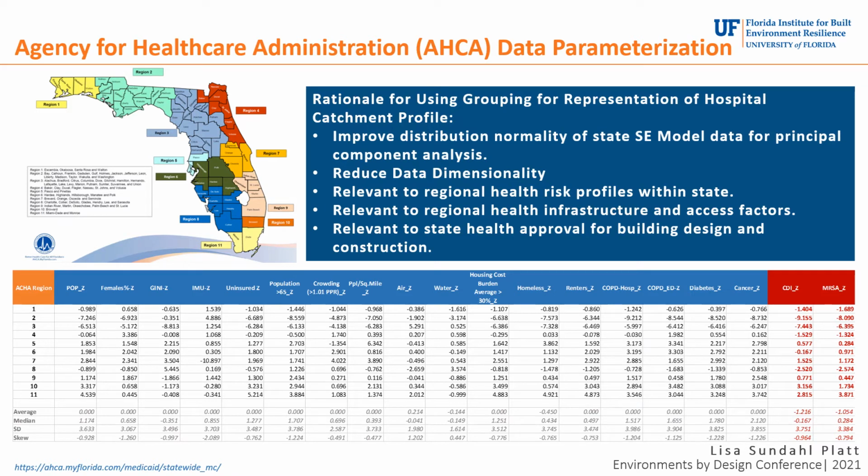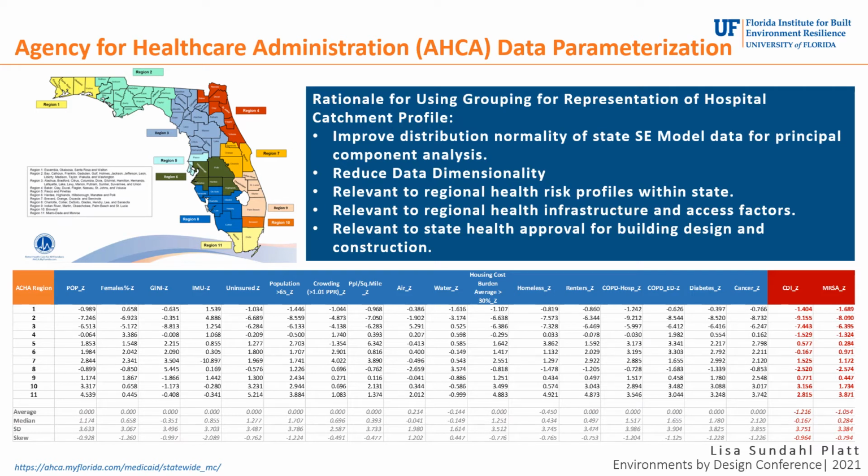AHCA is primarily responsible for the state's estimated $25.2 billion Medicaid program that serves approximately 4.5 million Floridians, and is also responsible for the licensure of the state's 48,500 healthcare facilities, as well as being responsible for sharing of healthcare data through the Florida Center for Health Information and Policy Analysis. Considering this, their rubric for designating healthcare regions within the state was deemed appropriate for compiling socio-ecological variables relevant to the health effects of MRSA and C.